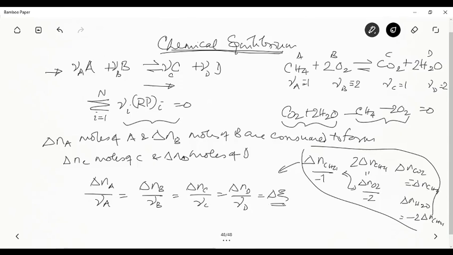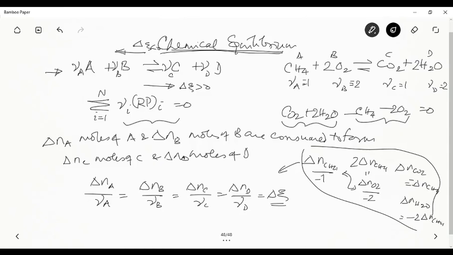So if this delta xi is negative, right, then delta NA becomes positive, delta NB becomes positive, delta NC becomes negative, and delta ND becomes negative, which basically means that the reaction is proceeding in this direction. So this is delta xi greater than 0, and this is delta xi less than 0. Is that right? So the reaction proceeds in the reverse direction when the reaction progress variable is negative, and in the positive direction, left to right from reactant to product, when delta xi is greater than 0.